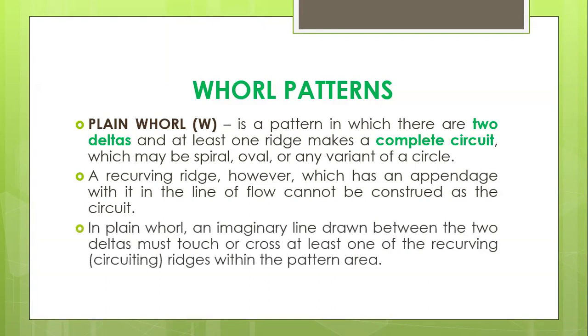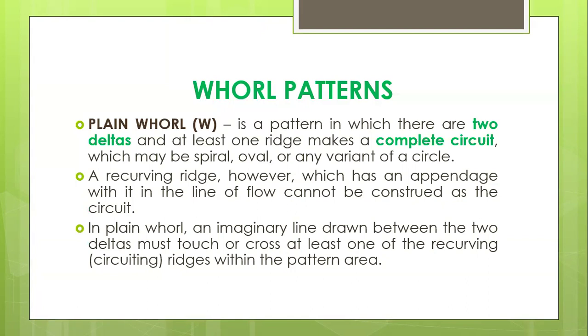In plain whorl, this is another qualification for a whorl pattern to be qualified as a whorl pattern, specifically a plain whorl: an imaginary line drawn between the 2 deltas must touch or cross at least one of the circuiting ridges within the pattern area.